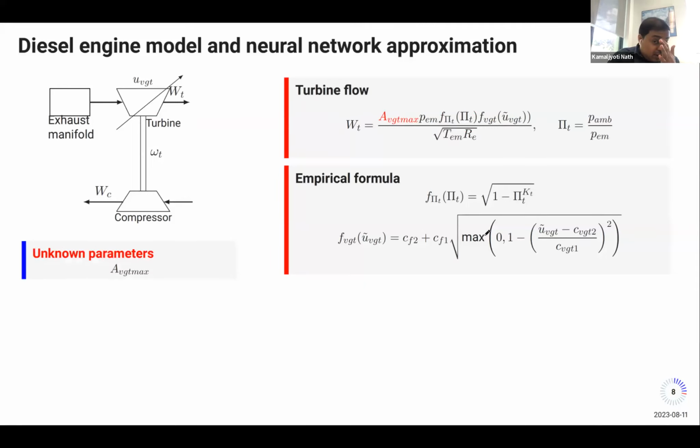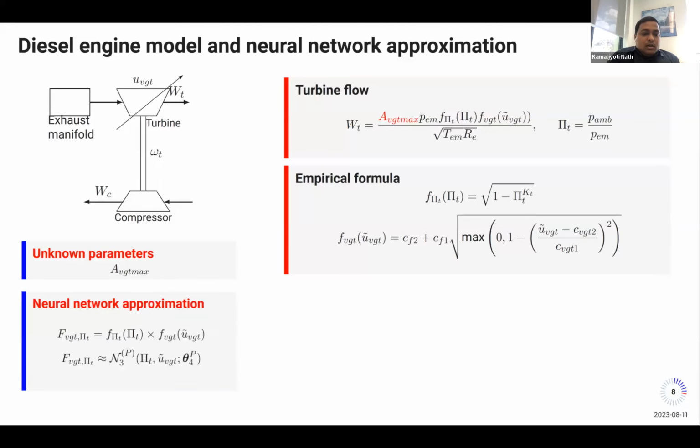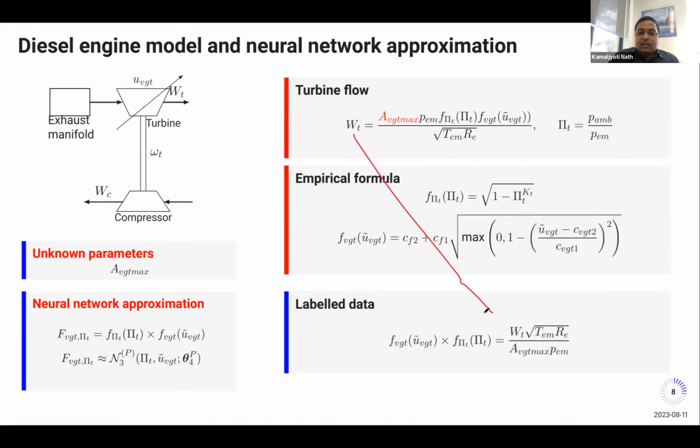So we consider this to be unknown, because if any problem is there, the VGT value will change from the design value. And instead of considering these two different equations, I combined them into one equation here, and then approximated it with one neural network, which is pre-trained. Then this level data can be calculated back from this equation here again.